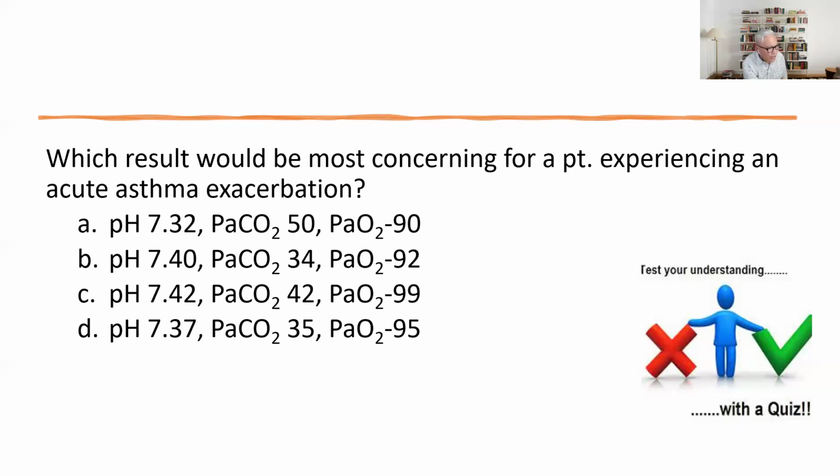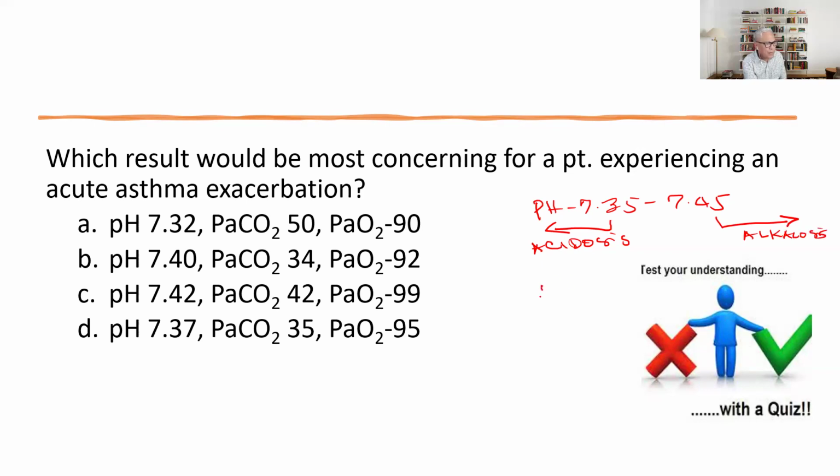Okay, so let's take a look at this question. Which result would be most concerning for a patient experiencing an acute asthmatic exacerbation? All right, so again, a normal pH for you to be reminded is 7.35 to 7.45, and anything that is less than 7.35 is going to be acidosis, and anything over 7.45 is alkalosis.